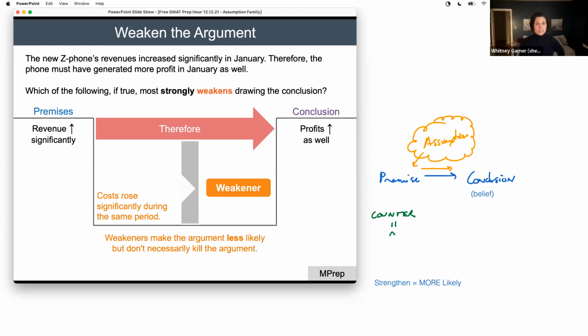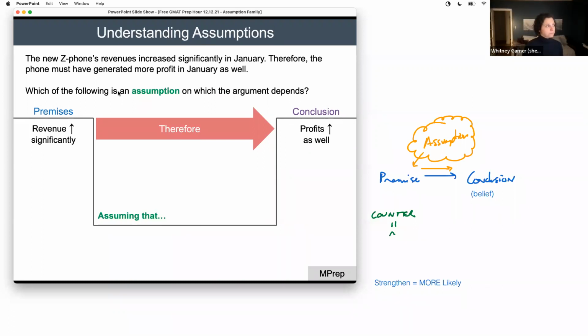Now, we're still not sure what significant meant, right? Revenues went up significantly. If costs rose significantly, my conclusion could still be true. It's just making me a little suspicious. If costs didn't rise significantly, that makes me think that my conclusion is potentially true, but it doesn't promise that my conclusion is definitively true. And I think what will make this easier is if we look at what an actual assumption would mean.